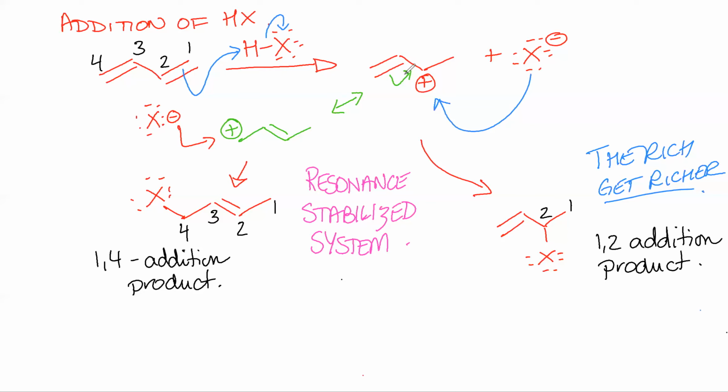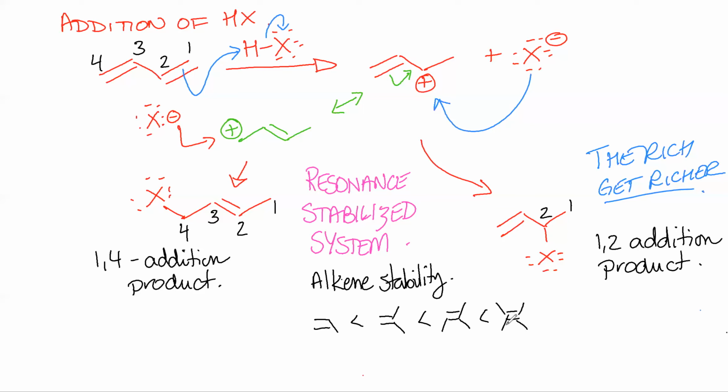Okay, so remember for alkene stability, mono is less than di, which is less than tri, which is less than tetra. And this was because, remember, the more alkyl groups, the more hyperconjugation, so that stabilized it.